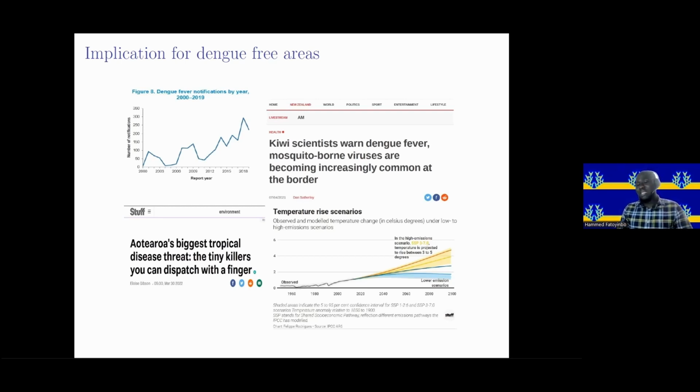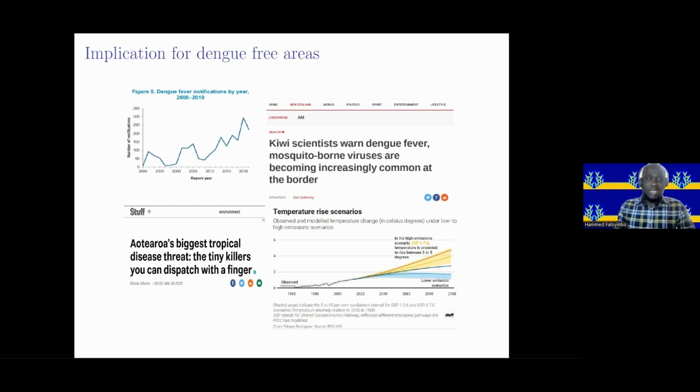It has been shown that the upper north of New Zealand has a warm subtropical climate.